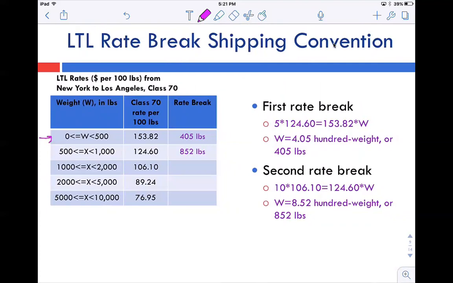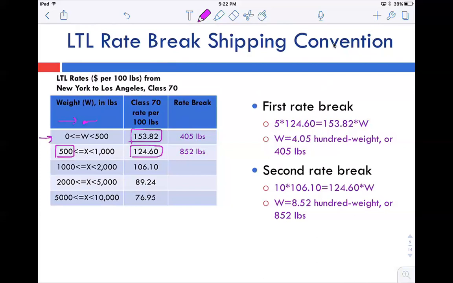Let's look at the next category, next interval, and then let's look at the lowest volume of weight that we could send in this interval, and it is 500, and its rate is 124.60. So we know that up until a certain point, we have to pay this fixed amount per 100 pounds.